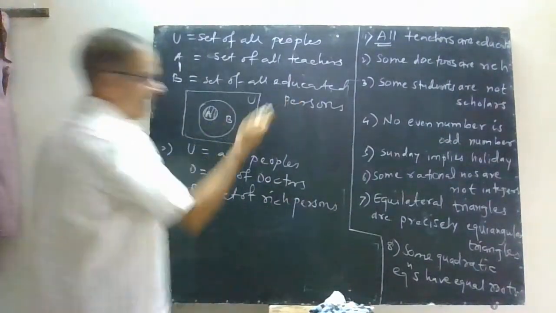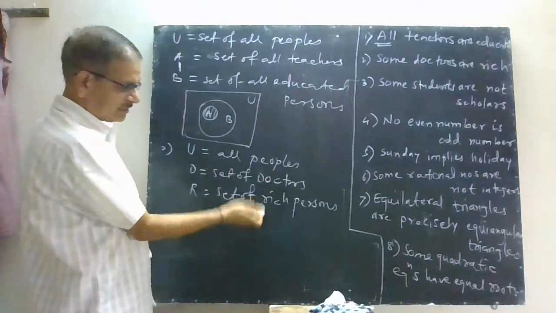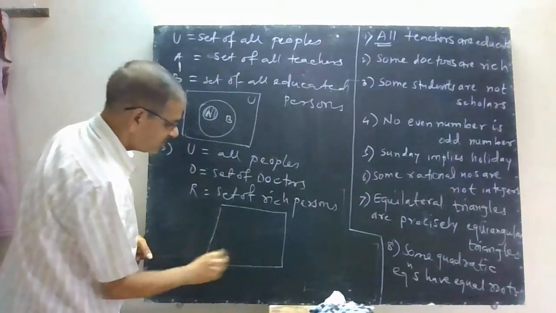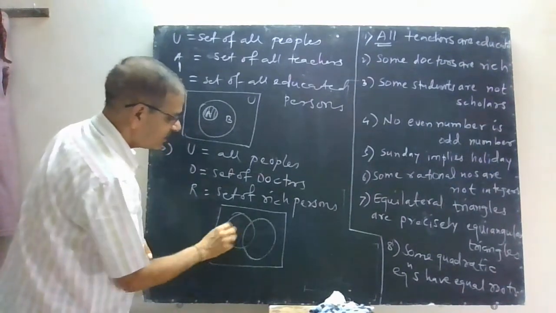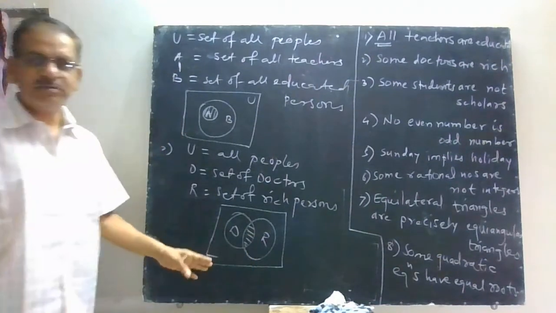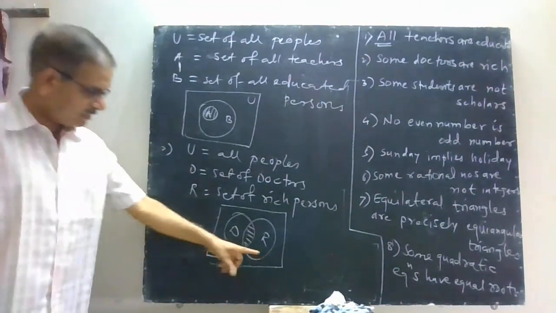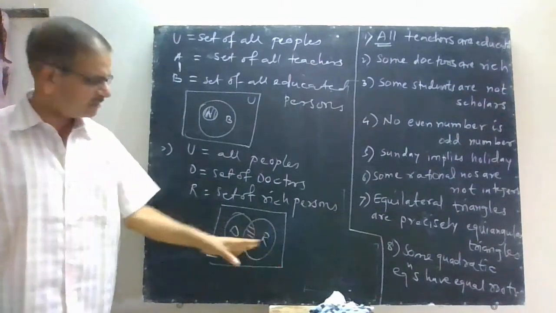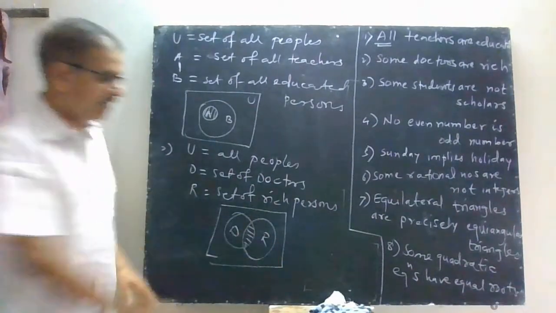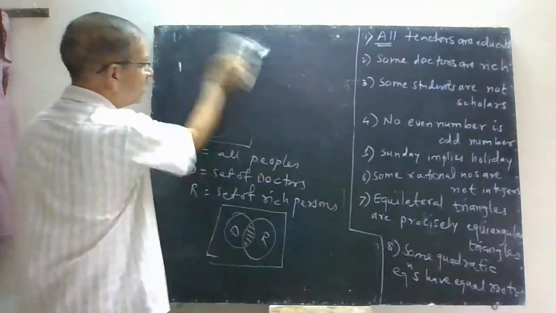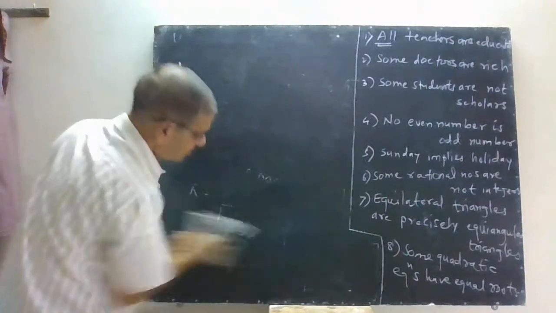Now, as you have written the sets separately, your diagram will be definite, because there are only 5 possible diagrams. Like this is D, this is R, and then this is your Venn diagram. Now here there are possibilities that you can draw R first and then D second, or D first and R second. It is one and the same. Now third one, some students are not scholars.